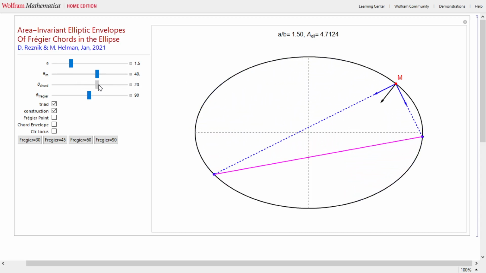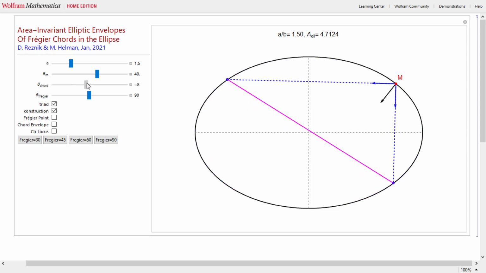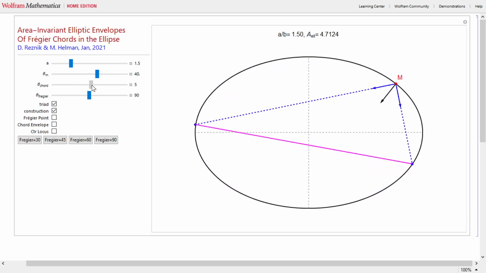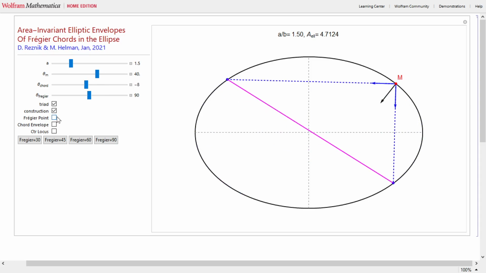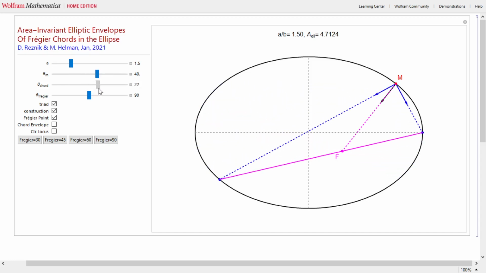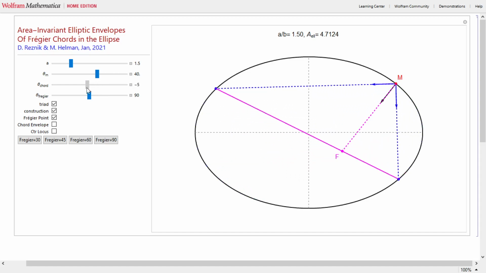What Frégier discovered was that all these pink chords pass through one common point. Let's draw that common point. It's called F. So there's a point that sits on the line along the original normal that remains invariant as we rotate that 90-degree blue pair.